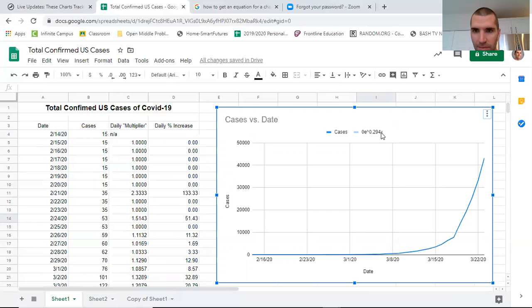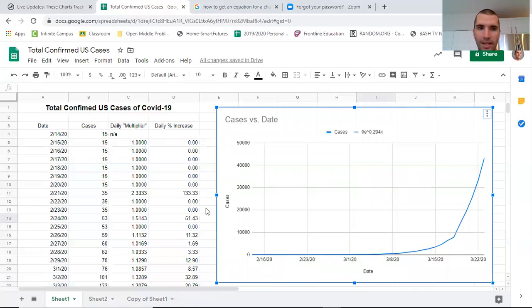That's the rate as a decimal, so we'd have to multiply that by 100 or move the decimal 2 places over. So roughly, since February 14th, when this data was started, our daily percent increase average has been 29.4%, because again, I moved that decimal 2 places to the right.